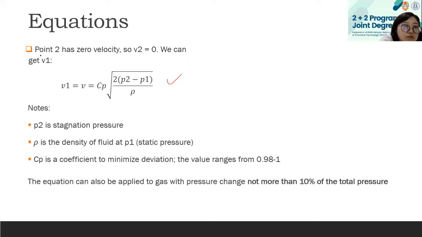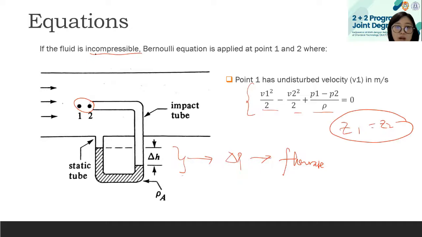At point 2, we must know that the velocity exactly at the opening of the pitot tube, that's why it is called the stagnation point, is zero. At point 1, there is velocity, because it's just before it reaches the opening of the impact tube, so that's why it's not 0.